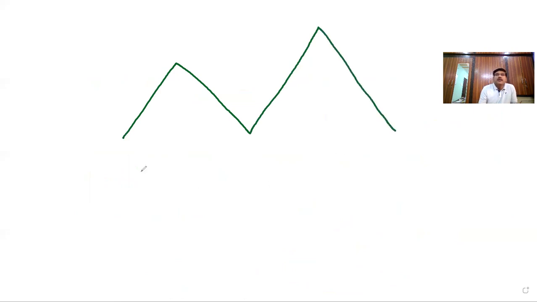This is an equilateral triangle. Clear? There is another equilateral triangle. Now this is the initial point A. This is the final point B. And he has clearly mentioned the side of this triangle is 2 meters.